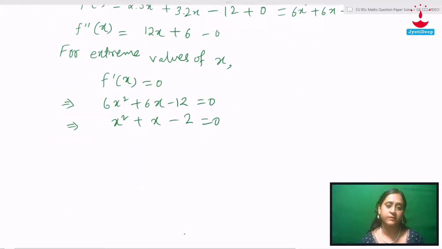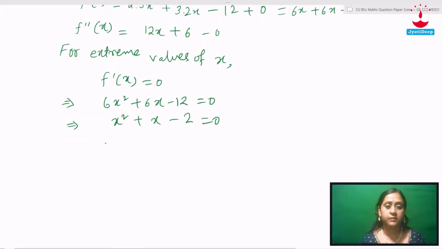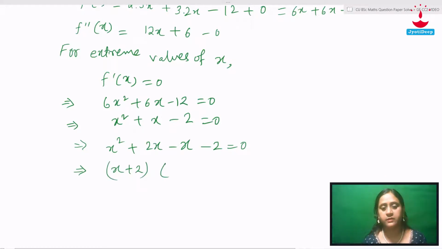Okay, so x square plus 2x minus x minus 2 is equals to 0. This implies x plus 2 into x minus 1 is equals to 0. This implies x is equals to 1 comma minus 2.